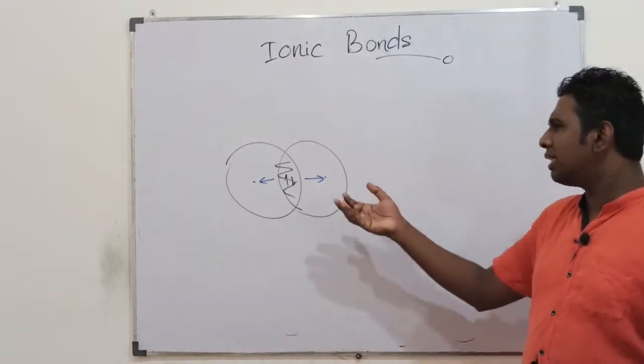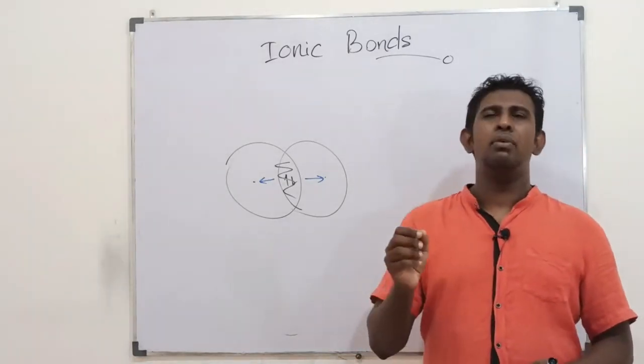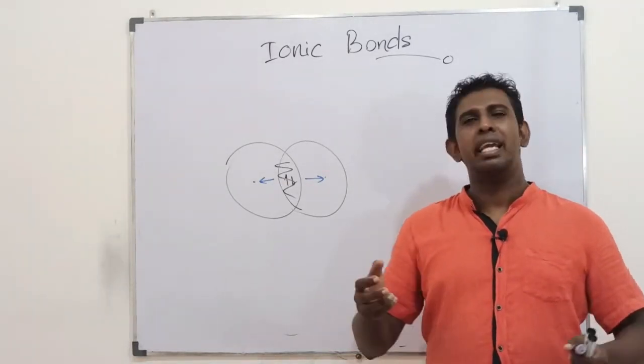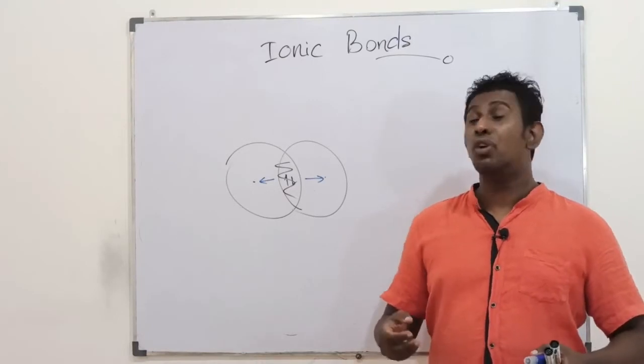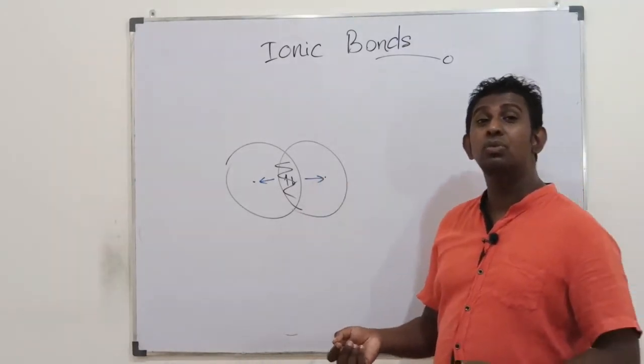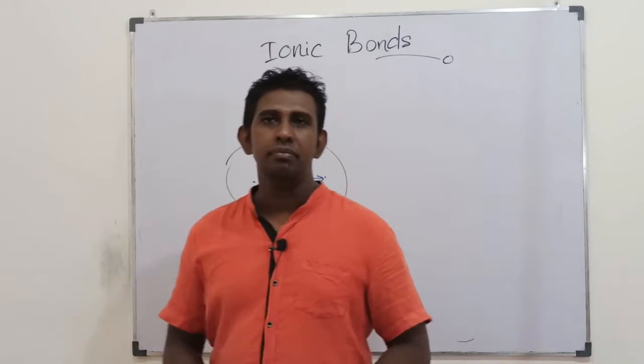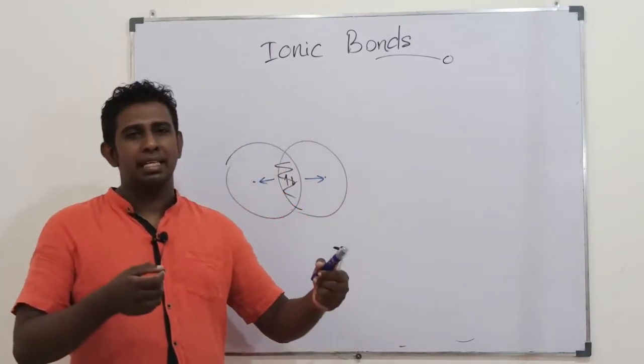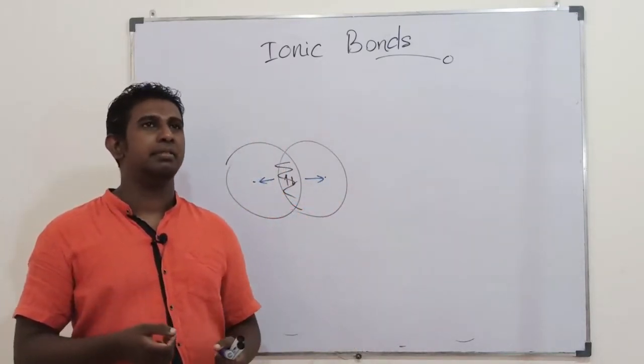So talking about this concept, we found out different atoms are capable differently of drawing the electron cloud in the bonding towards their nuclei. So different atoms have different electronegativities.